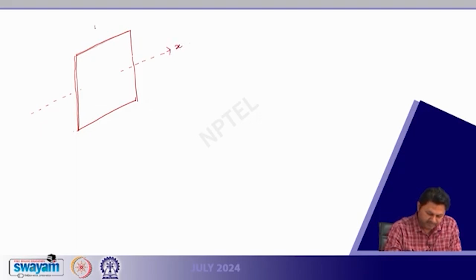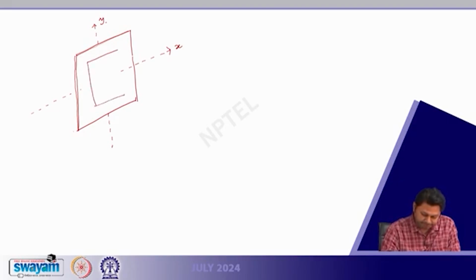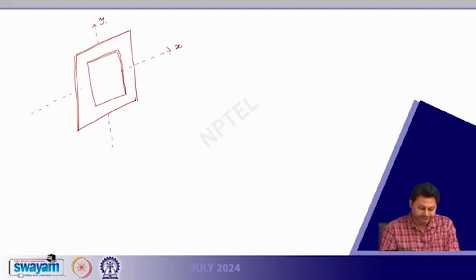X axis, y axis, and here we have this rectangular aperture, like this.